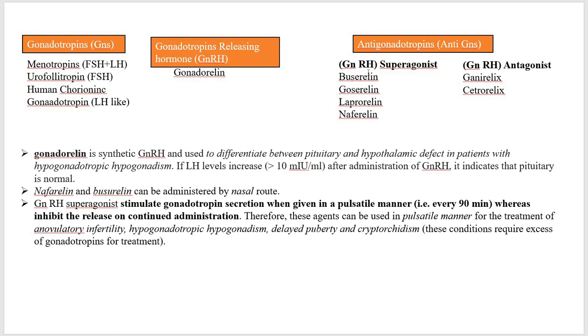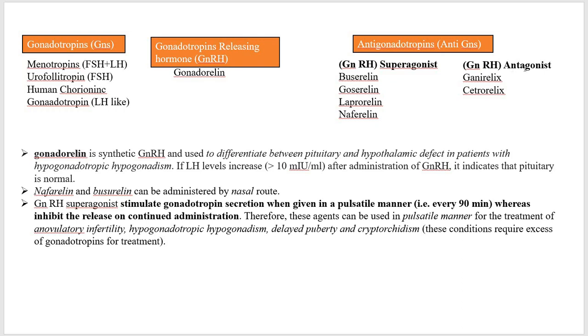In that, agonists and antagonists are there. Agonists are used if the level of gonadotropins is less, and you have to increase that level. In those cases, agonists are used like buserelin, goserelin, leuprorelin, and nafarelin. And antagonists are used if there is already an excessive quantity of gonadotropins.